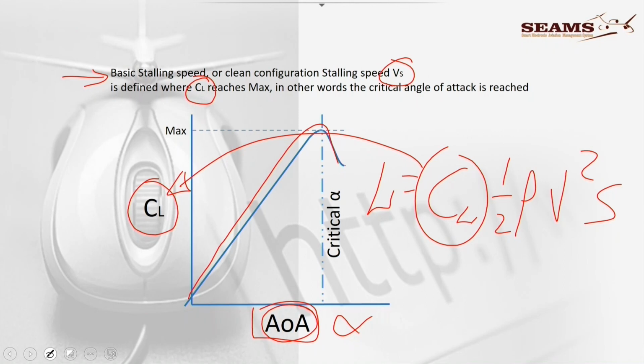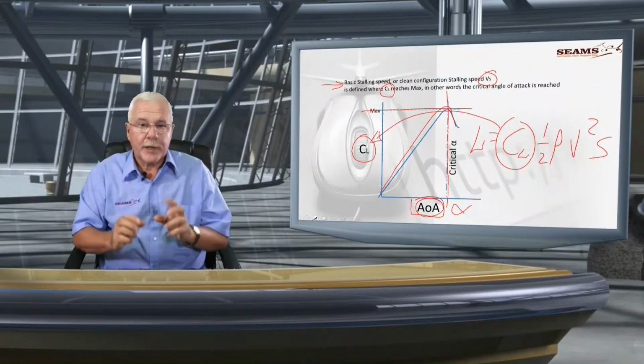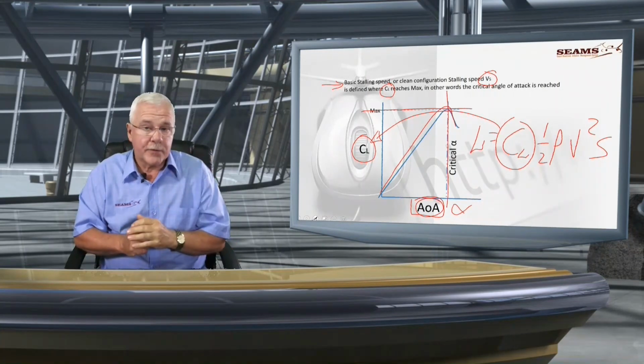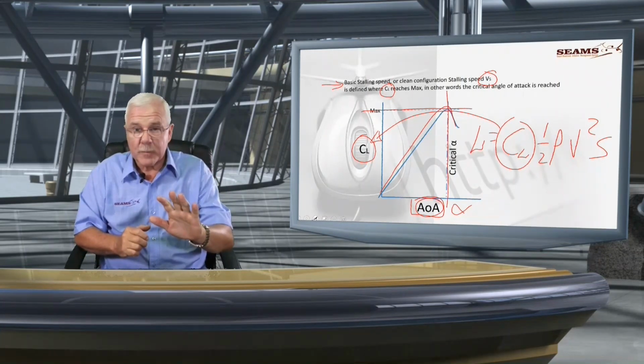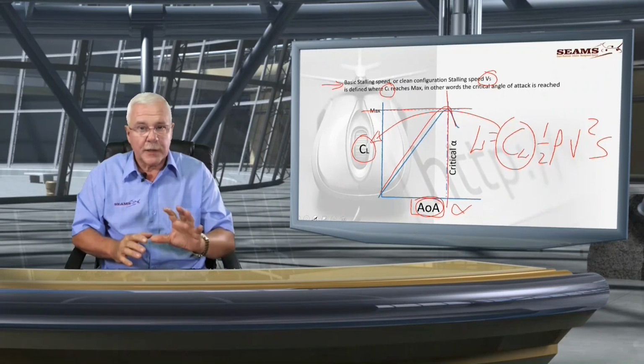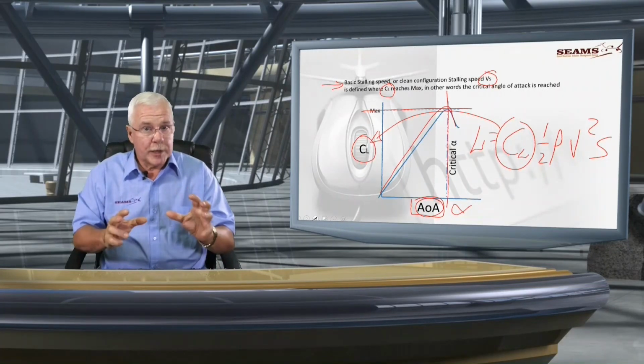All right, now when you reach the critical angle, that will obviously coincide where coefficient of lift is maximum for that particular wing or with that particular configuration. Again, we're not talking flaps at this moment in time. Flaps will obviously change the CL and the angle of attack story a little bit.